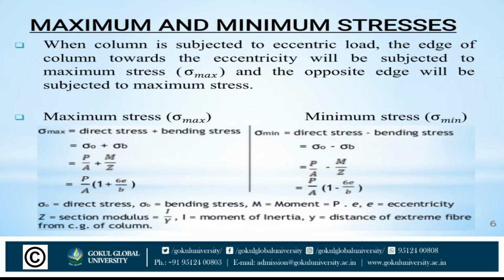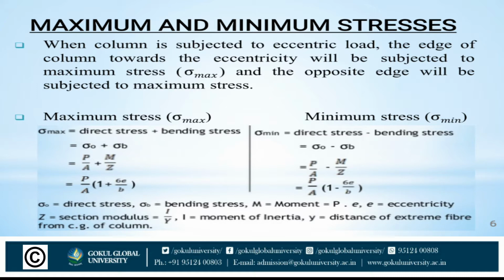Maximum and minimum stresses. When the column is subjected to eccentric load, the edge of the column towards the eccentricity will be subjected to maximum stress, sigma max, and the opposite edge will be subjected to minimum stress, sigma min.